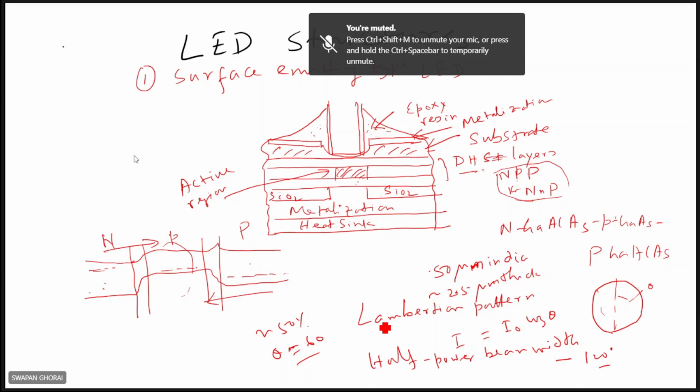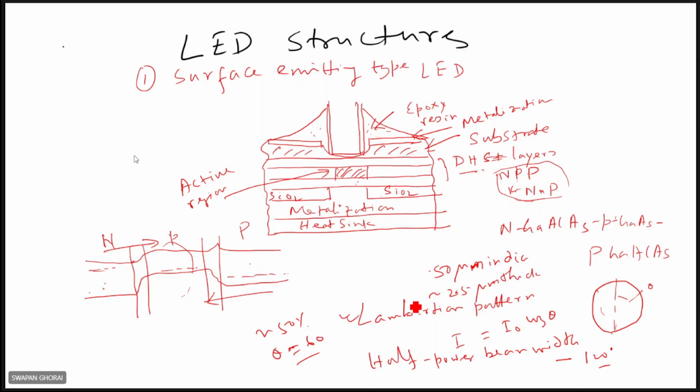And the emission pattern is Lambertian. It is called Lambertian because here the intensity pattern follows I0 cos theta. That means it is maximum along the normal direction. Suppose you consider the emission pattern of the LED, like this.